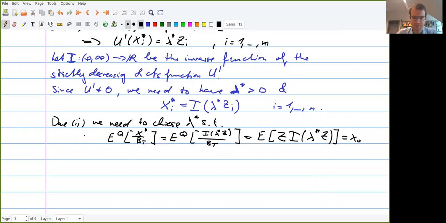Okay. So now the question is, why does this lambda star exist?